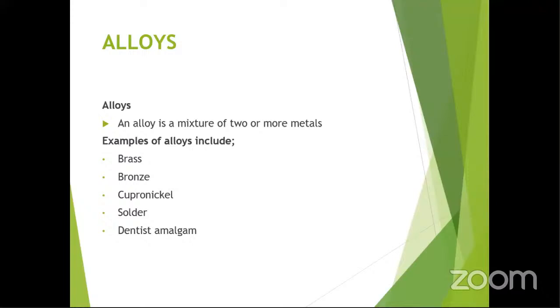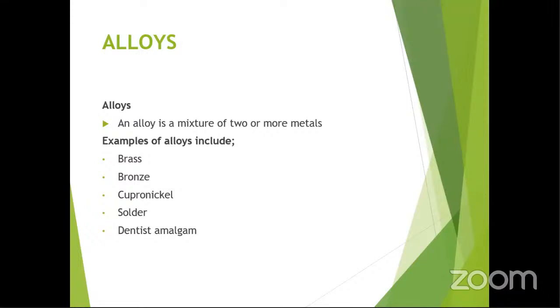For all of these alloys that you see, there are two or more metals that we mix in order to get them. So don't write only one. If you write mercury only or copper only, it doesn't help us to make the alloy we are talking about. You have to say mercury and copper gives us dentist amalgam.